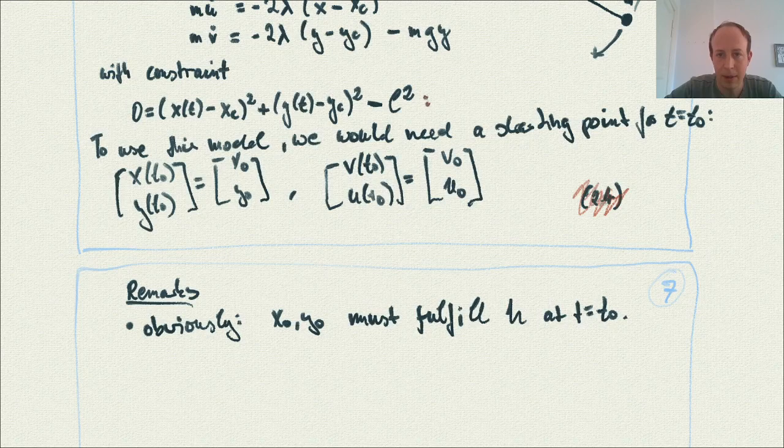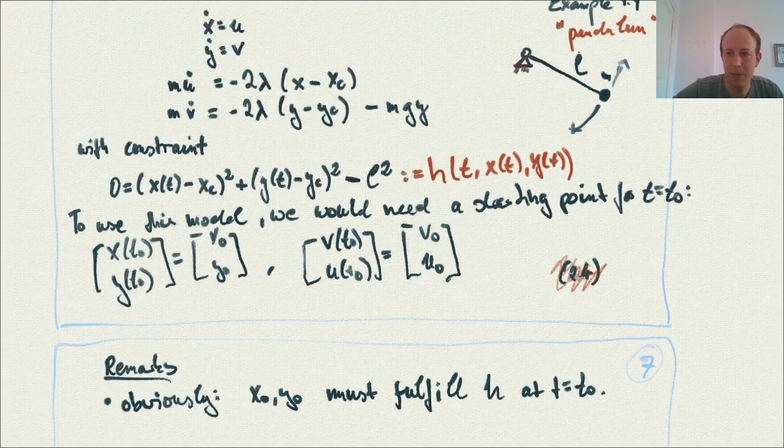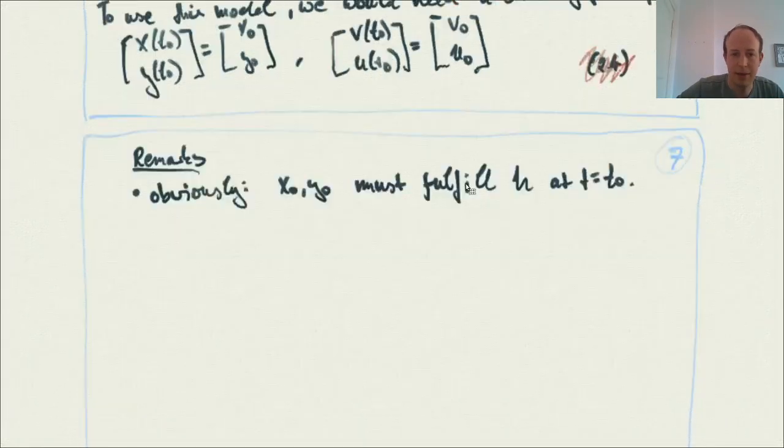This was the h of t, x of t, and y of t. Meaning these initial positions need to lie on the circle, or in other words, they need to fulfill this h function at t is equal to 0.